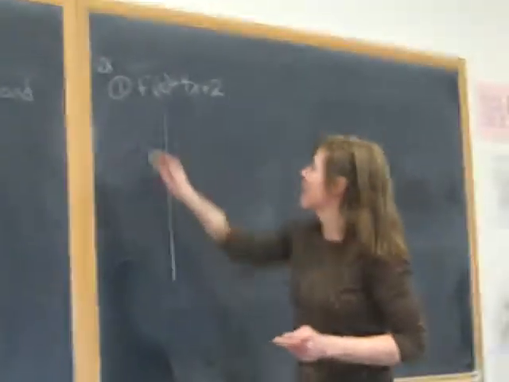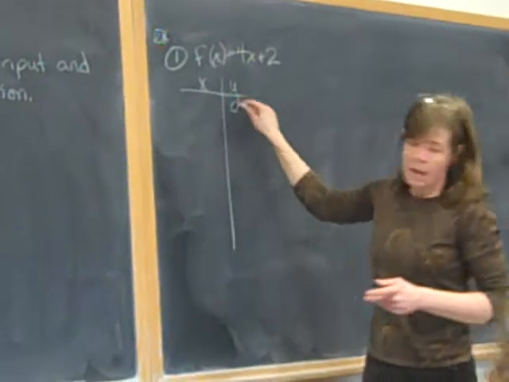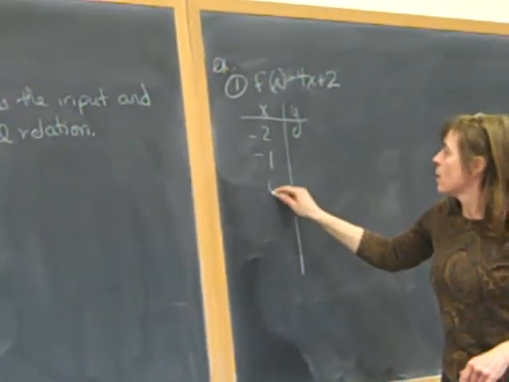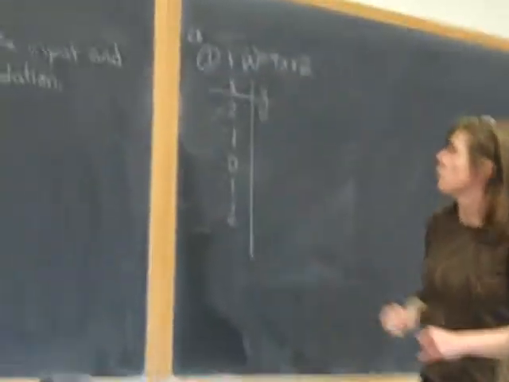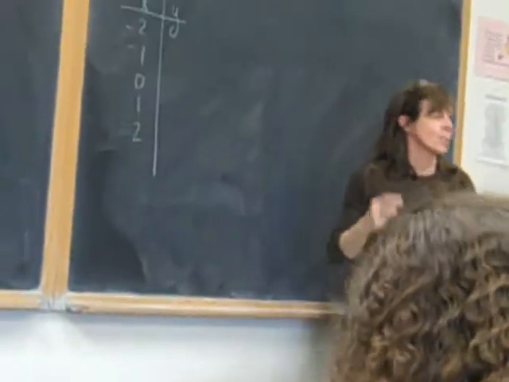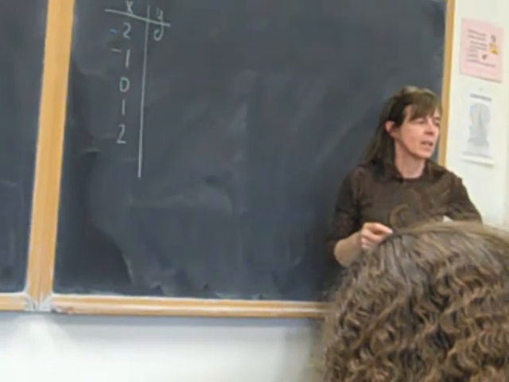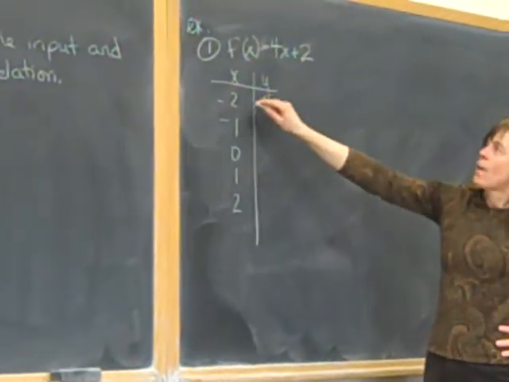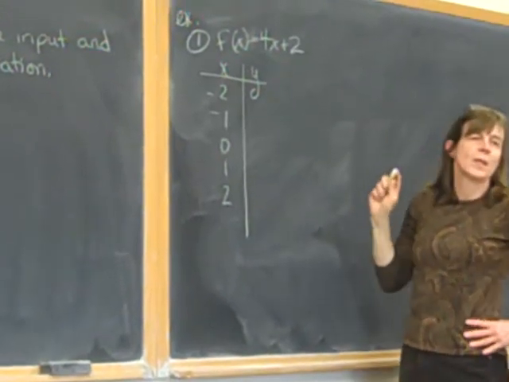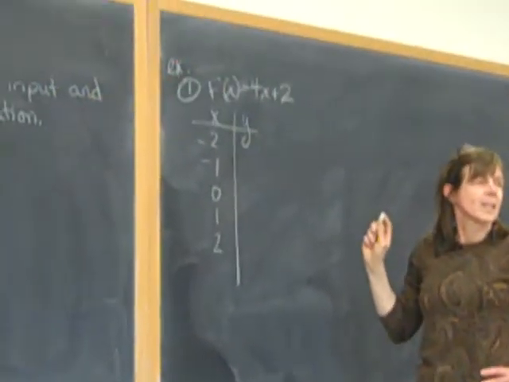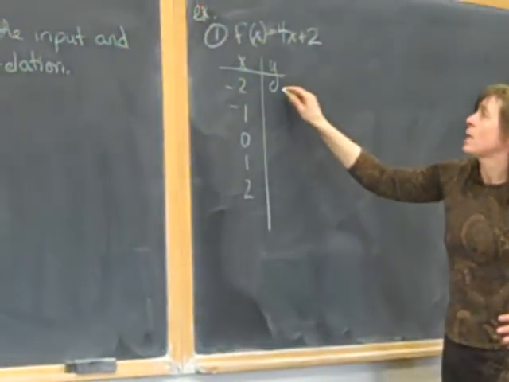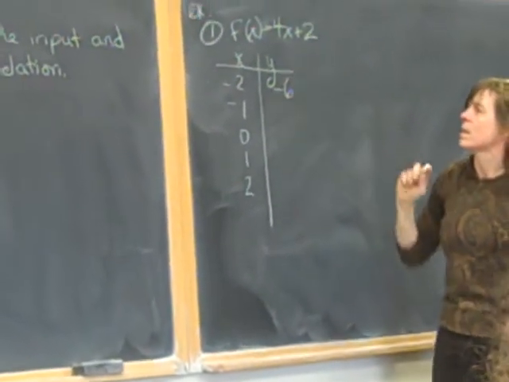So if we make a chart of x and y values, we're going to do a few more points than usual for just graphing a line so that we can see what's happening with the inverse. If I plug -2 in, what are we going to get? -6. We'll get -8 plus 2, which is -6.